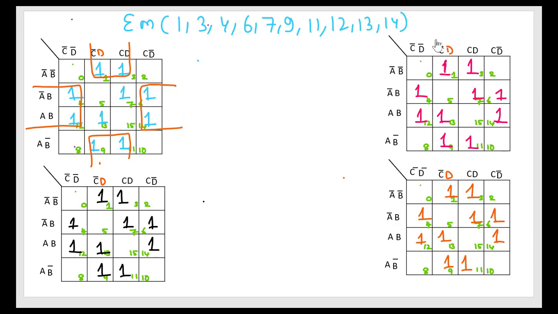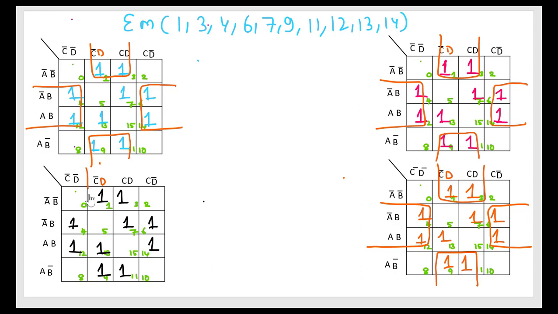So you have to get the same quad group in all the 4 variable K maps. That means this is unique. Same thing for this group. That means these quads are the same for all the 4 K maps.